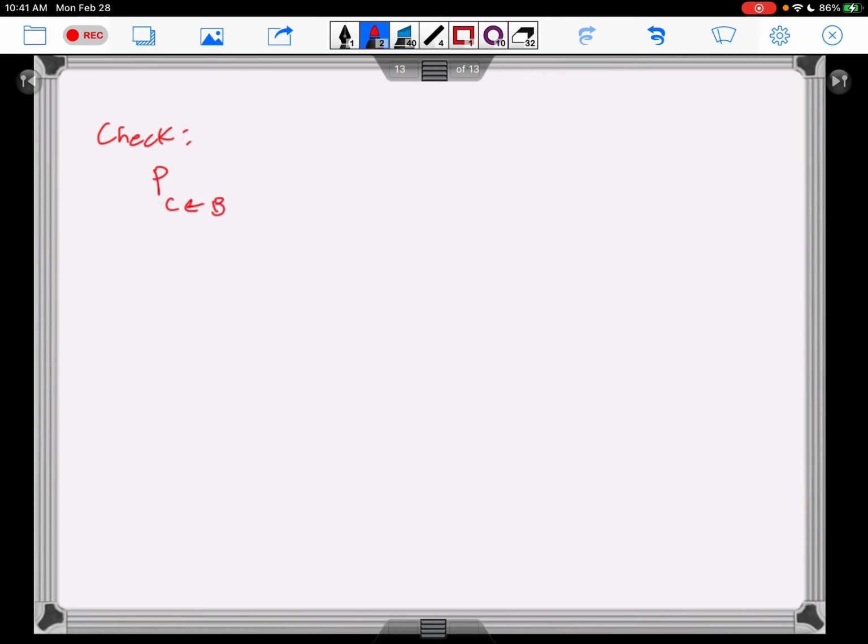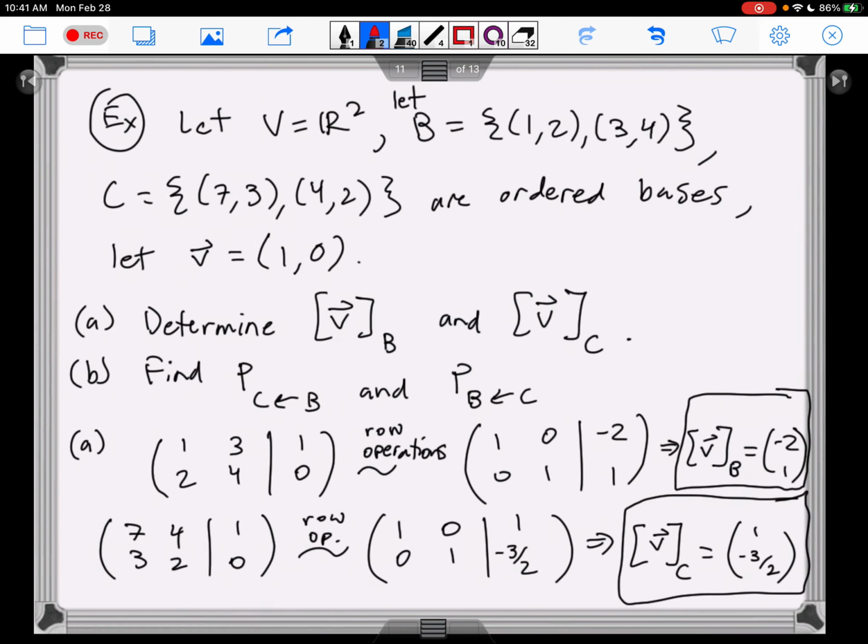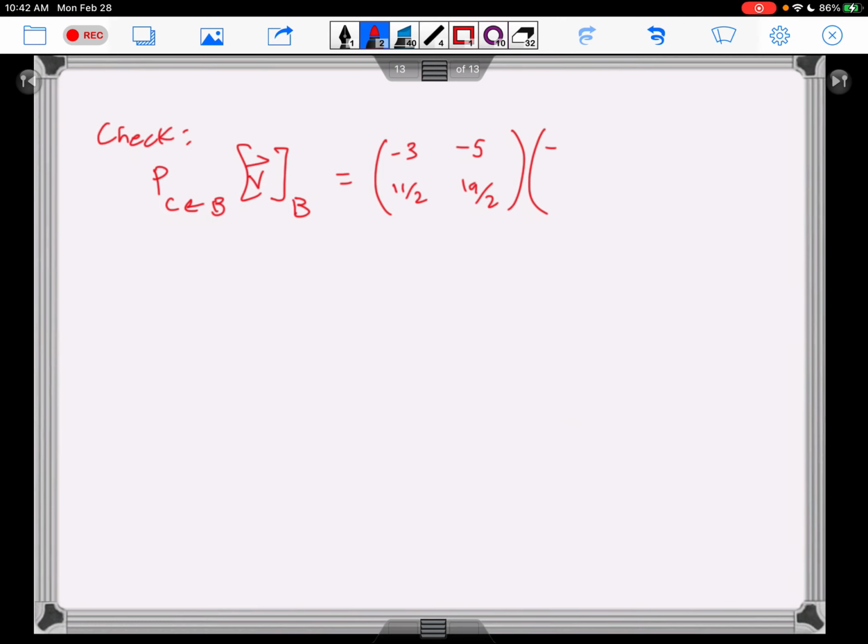What's P from B to C times V relative to B? We had, remember, our answer was negative 3, 11 halves, negative 5, 19 halves. And we're multiplying it by V relative to B, which was negative 2, 1, right?